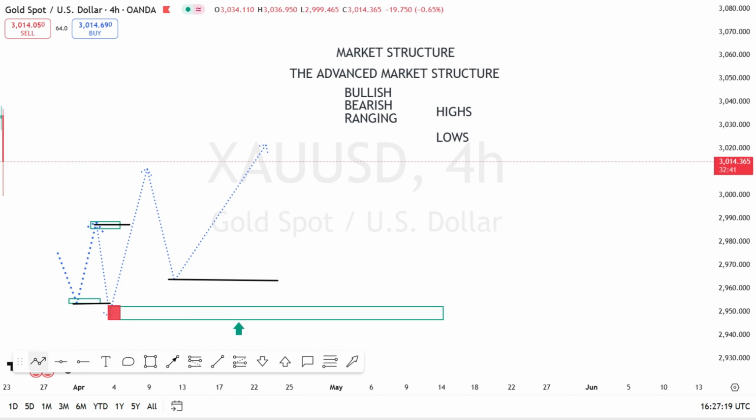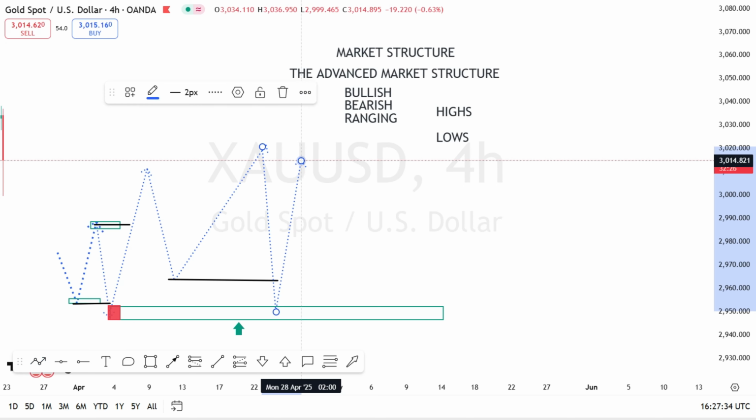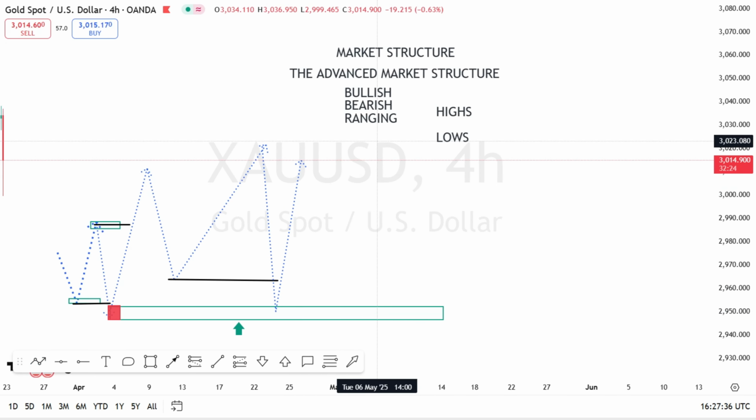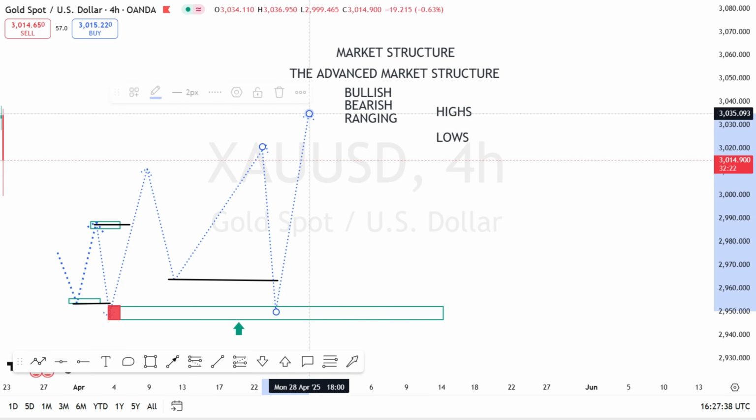So the market will then pull back to take out the liquidity over here. Then we buy. So this is how the market would move. This is how the market moves.